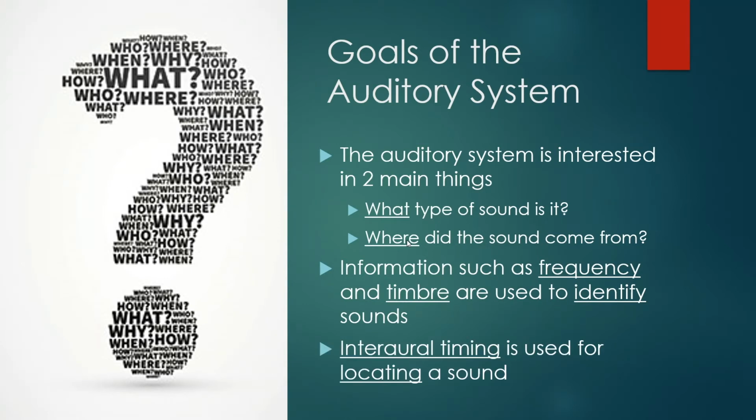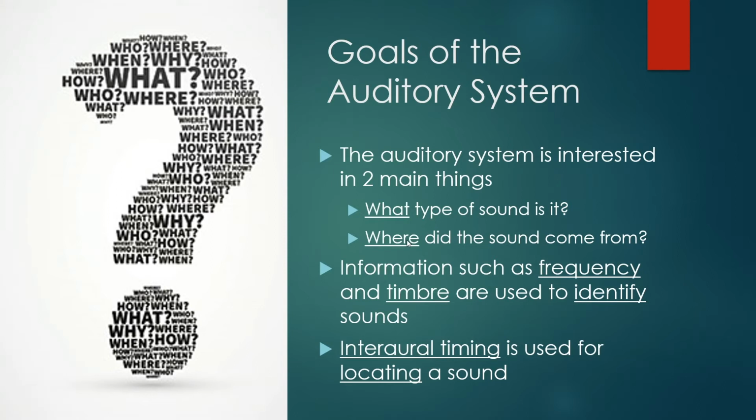Interaural timing is something we'll talk about in a second. It's a really, really cool mechanism of the auditory system. With identifying sounds, the auditory system uses something called timbre. Timbre is the body of the sound, the texture of the sound. Even though a G might be played from a guitar and a viola, you can tell that that G came from two different instruments.